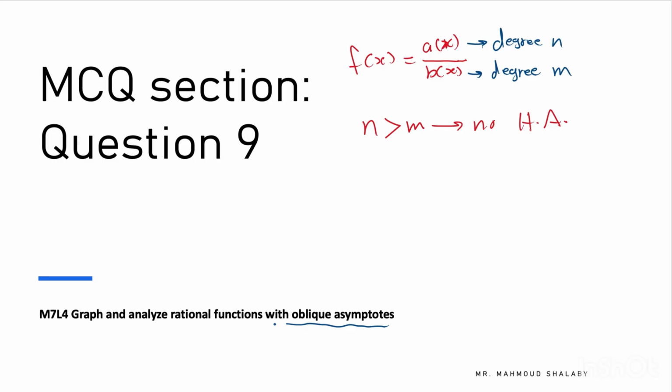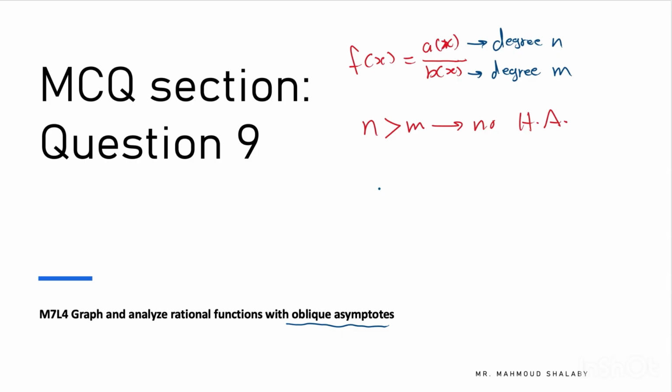If the degree of the numerator is greater than the degree of the denominator, we said there will be no horizontal asymptote. If there is no horizontal asymptote, some people will think we must have an oblique asymptote. No, this is not the case. If n is greater than m and we don't have a horizontal asymptote, we may have an oblique asymptote.